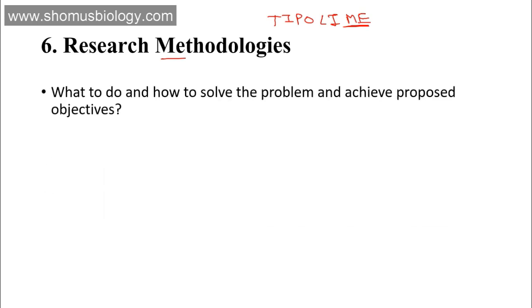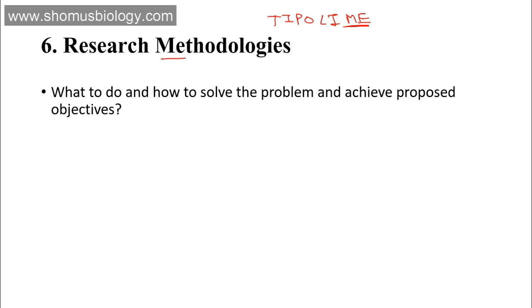Then the sixth is research methodologies. So we begin with TIPOLI and now ME for methodologies, right? Research methodologies means what to do and how to solve the problem and achieve the proposed objective. So you need to mention how you are about to conduct the study.